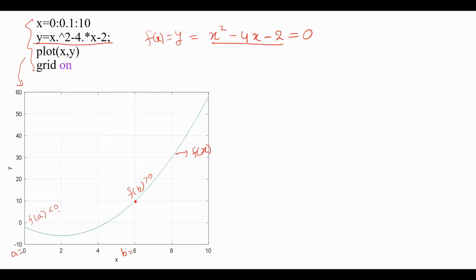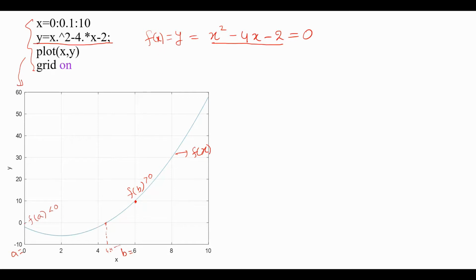So what does the theorem say? That obviously there will be a root in between these two values a and b. Graphically, you can see that this is the root which we are interested in, because this is cutting the x-axis at approximately this value of x, around 4 point something. If you put x is equal to 4 point something, you will get f of x equal to 0.